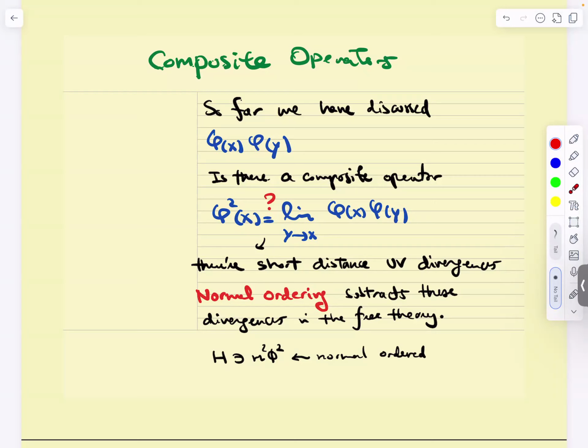So that's good. That's meaning. It has to be smeared in time. In a free theory, smearing in space suffices.